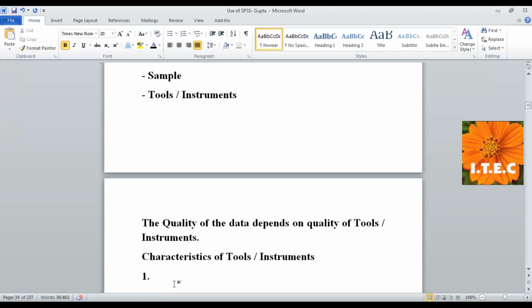So the moment you say thermometer, automatically it is understood that it is used for measuring the temperature, the body temperature or liquid temperature or any temperature. So each tool and instrument, they have the name, and the name reflects what that instrument or tool can be used for.